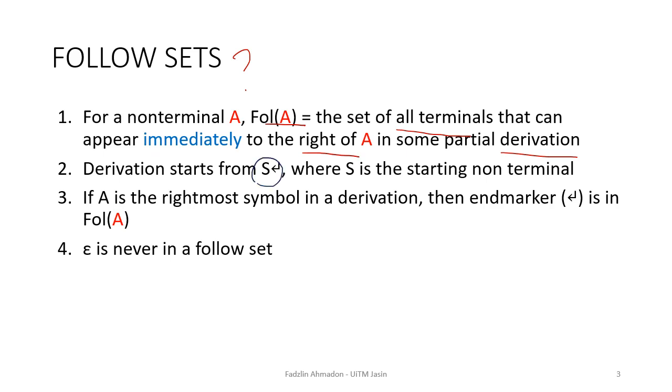Then whatever terminals appear next to A will belong in the follow set of A. Additionally, if A is at the end of the string, or the rightmost symbol in a derivation, the end marker is also considered part of follow A. And finally, epsilon is never in a follow set.